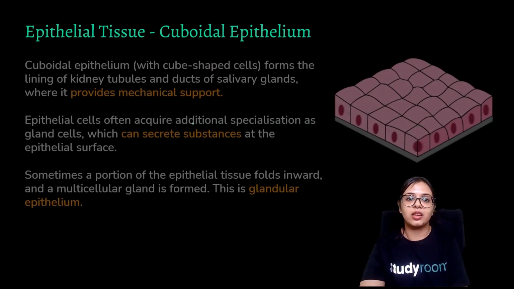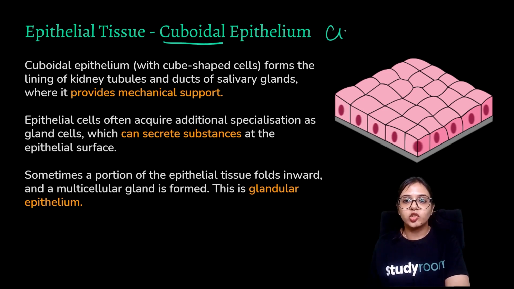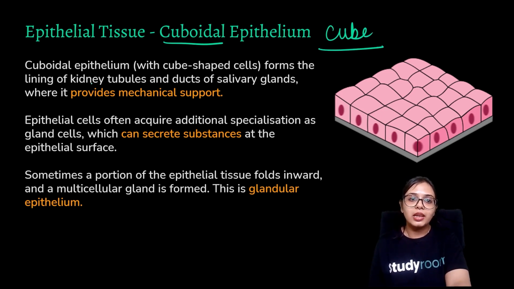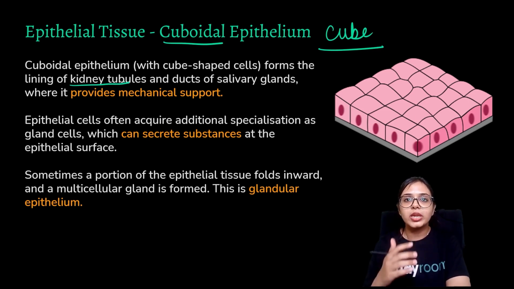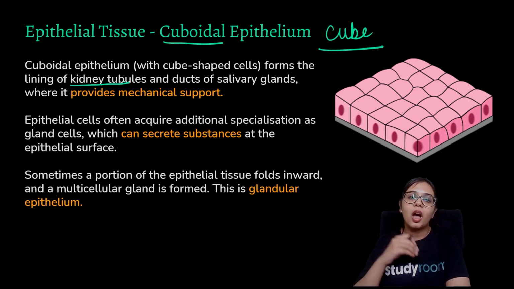Let's have a look at the last sort of epithelial cells: the cuboidal epithelium cells. Cuboidal epithelium has cube-shaped cells, as its name suggests. They form the lining of kidney tubules. Like I told you, epithelium cells also divide between the internal body organs. Since they divide between internal body organs, they must be present at the outer covering of some internal organs.